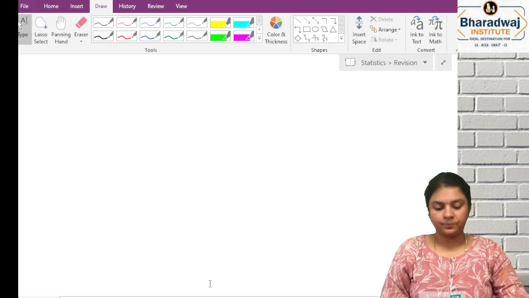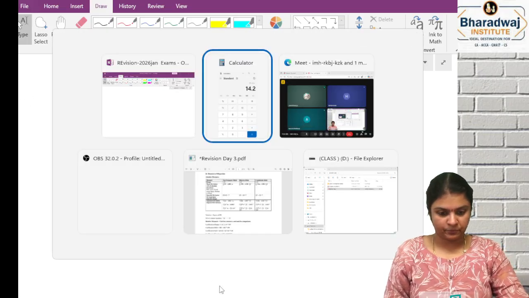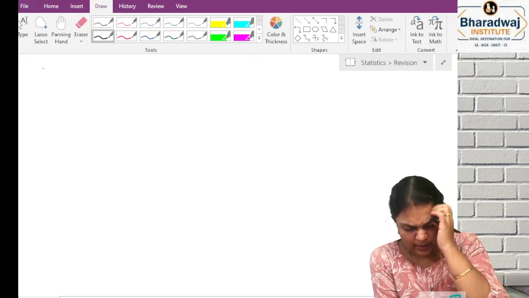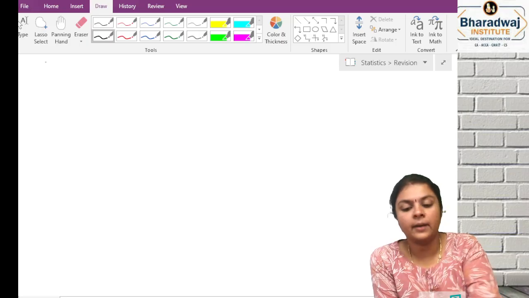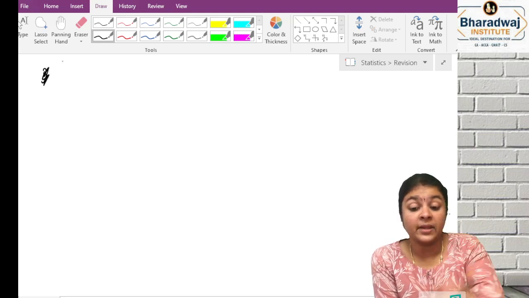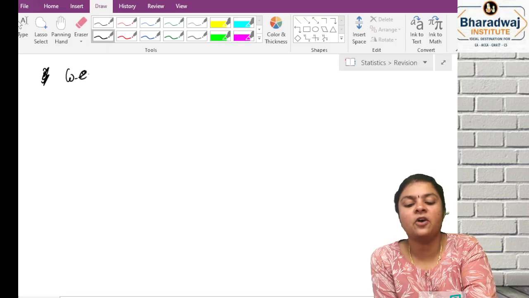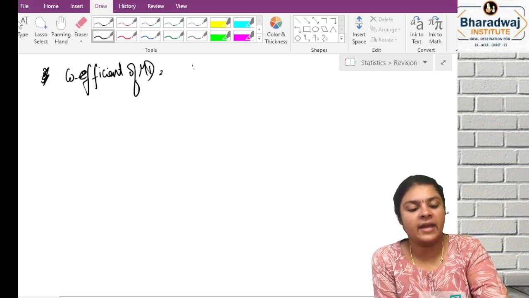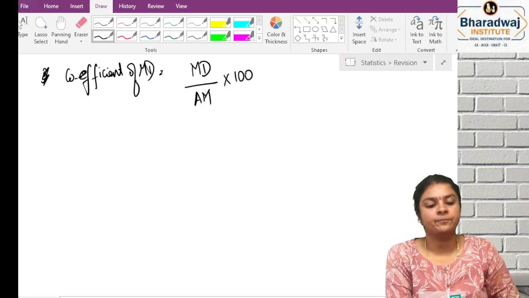We'll continue. So now, coming back, before we go to the third one, coefficient of mean deviation is given as mean deviation divided by arithmetic mean into 100.